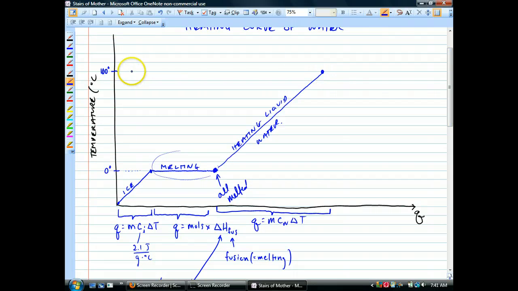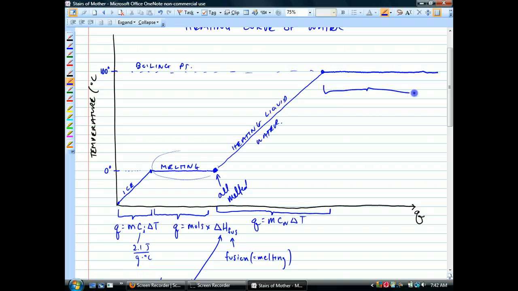Once we reach 100 degrees C for water, that's the boiling point, of course. Once we reach 100, it's going to go level again. And this is a long level curve. I can't really make it as long as it should be because it's 40.7 kilojoules per mole.